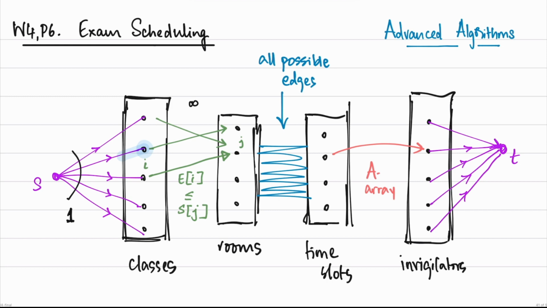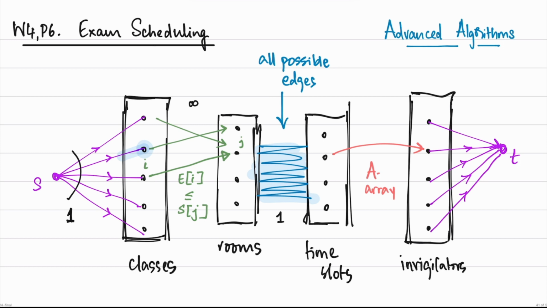But on the other hand, it is important to impose a capacity constraint further down here between the rooms and the time slots. The effect that this capacity constraint will have, and I'm proposing a capacity constraint of 1 here, is basically to say that, well, a room will potentially have incoming flow from multiple classes.